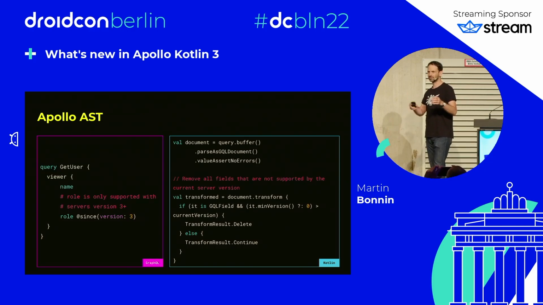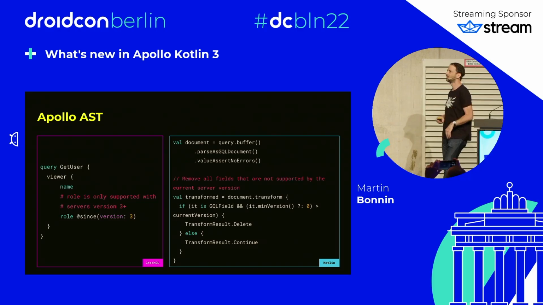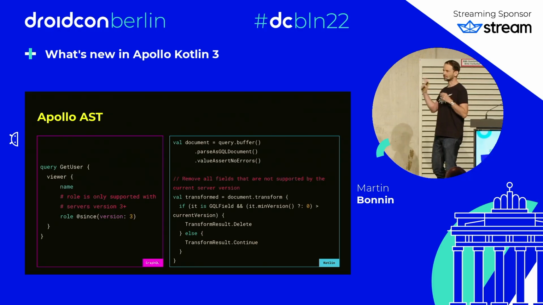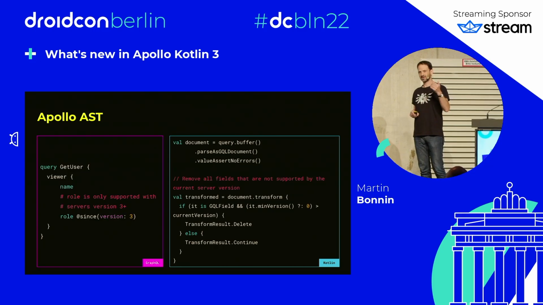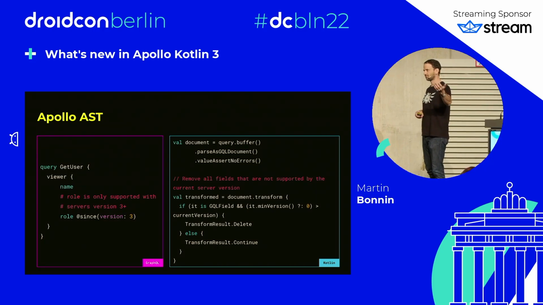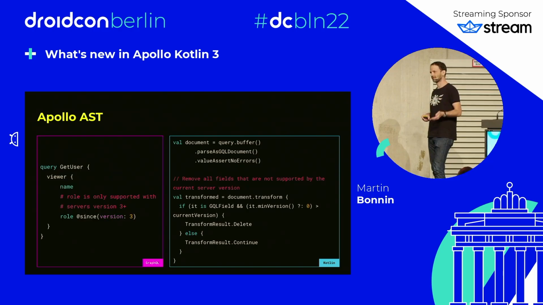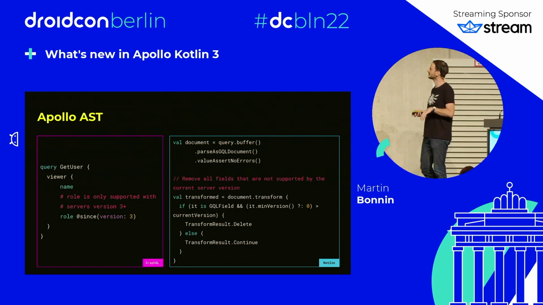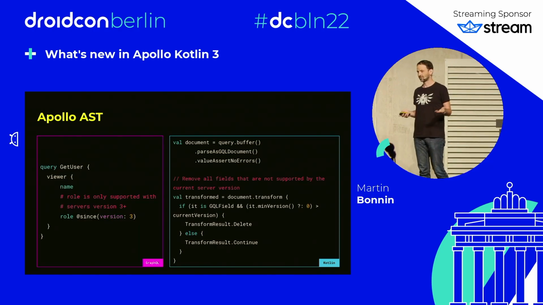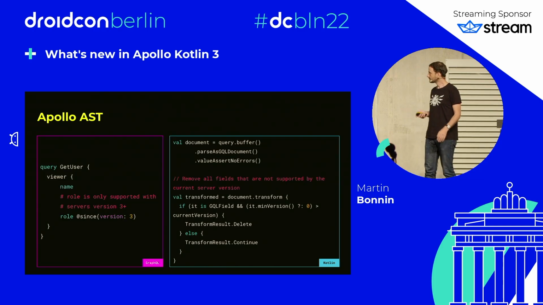Here, for example, you might be talking to several versions of the server. And depending on if you're talking with version 3 or version 2, you can decide to change the GraphQL document at runtime. So you can edit your document and just trim the field that's not supported if the server does not support this.